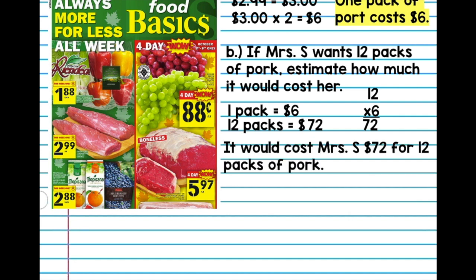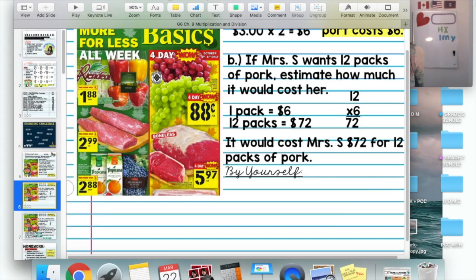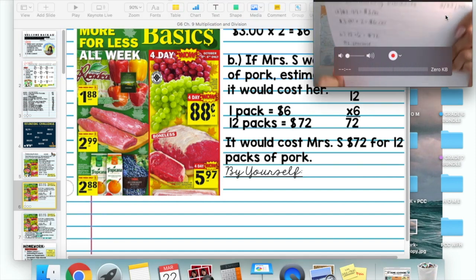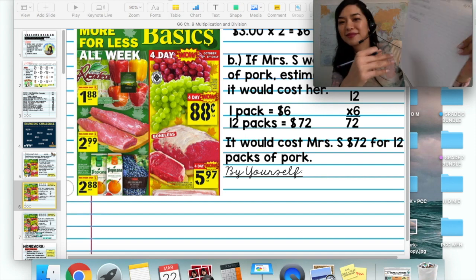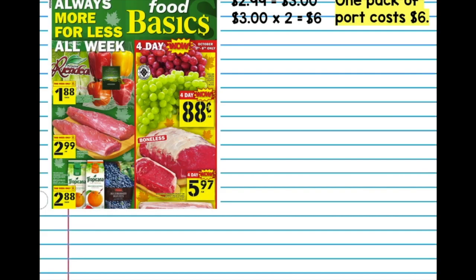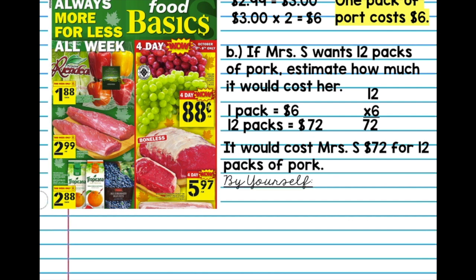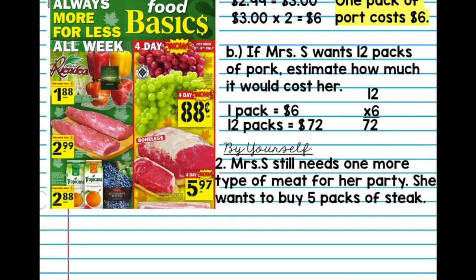We're gonna try one more. We're gonna do it by yourselves before I go into what our assignment's gonna look like. Let's try the second one. Okay, so in your notebook, you're gonna write by yourself. Okay, so this is what you're gonna do.